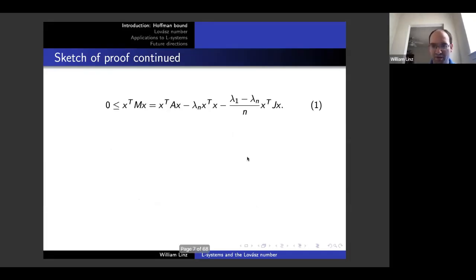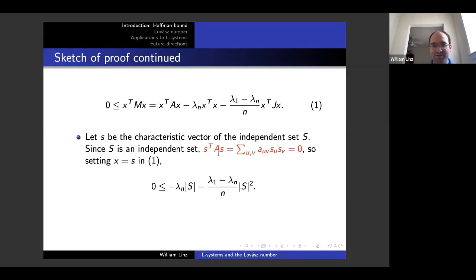Okay, so that inequality I've rewritten up here, and remember, we're trying to get an upper bound on the independence number. So we'll take any independent set S and let little s be the characteristic vector of that independent set.